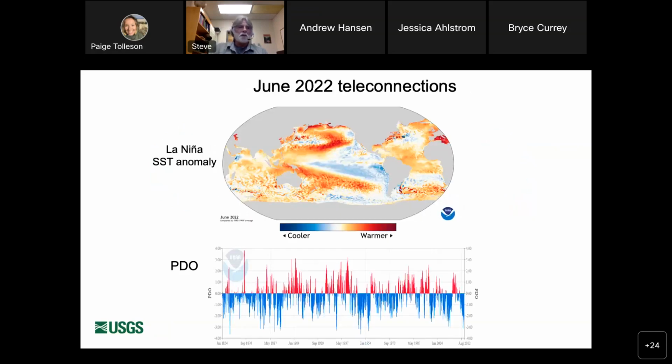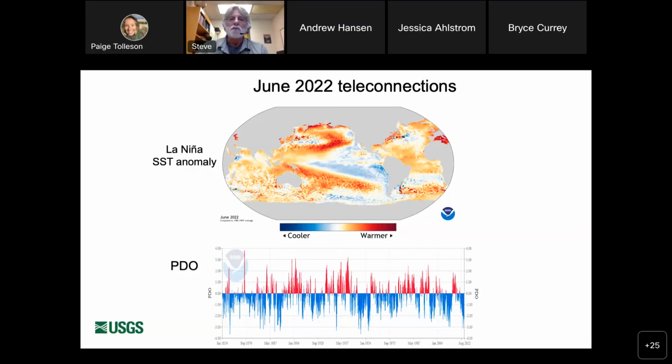In terms of the events that occurred over the West and in the GYE in June, this slide shows the teleconnections that were in place in June. The top map is sea surface temperature anomalies relative to the climatology for June.